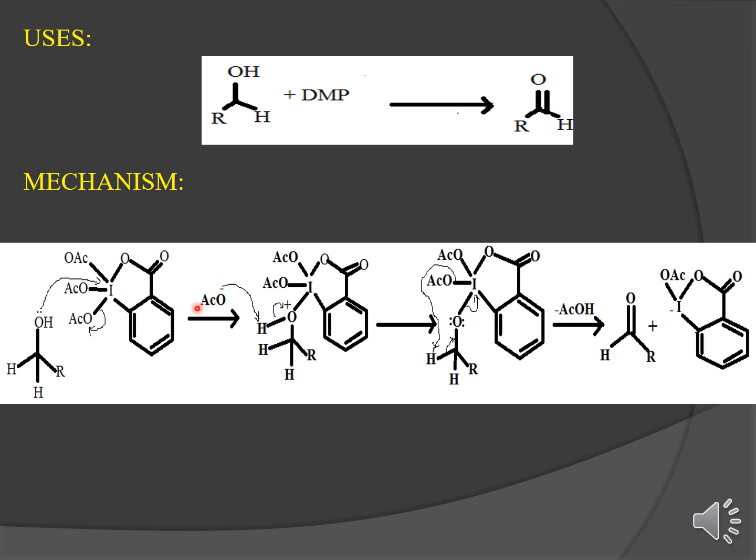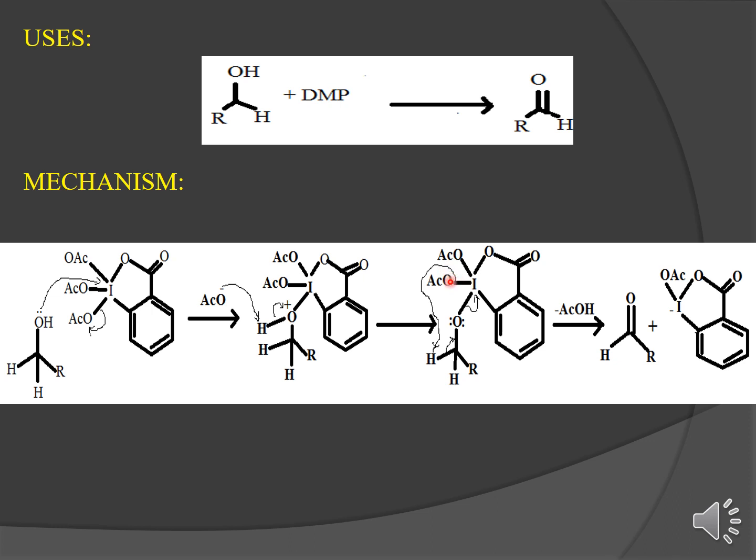When this OAc minus is cleaved out, an oxonium ion is generated, that is, the oxygen gains a positive charge, and the OAc minus will abstract the proton. Meanwhile the cleavage of this bond will neutralize the positive charge, and you get this adduct formation. Again one more molecule of your acetic acid is cleaved out.